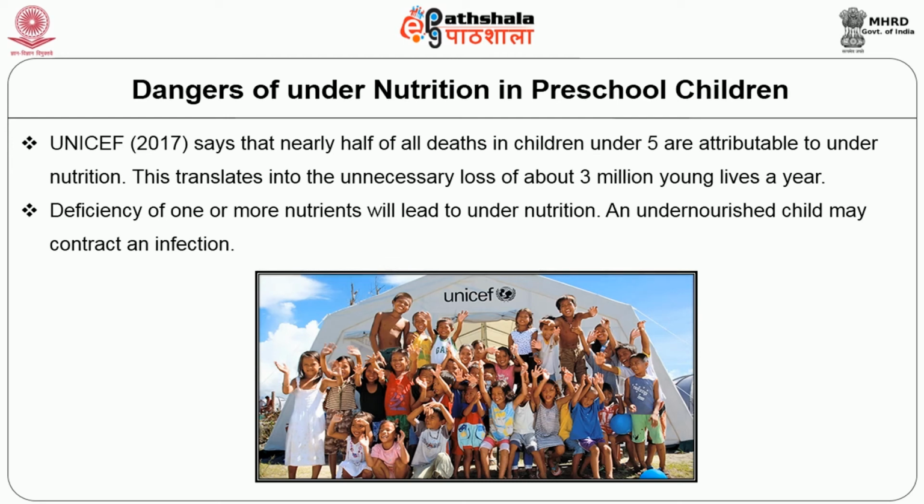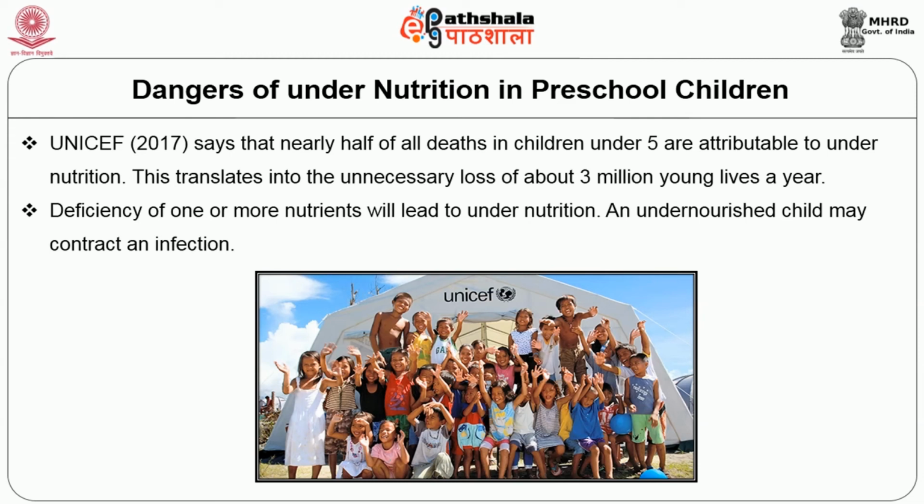This is based on a study in 2017, and this translates into the unnecessary loss of about 3 million young lives a year. Deficiency of one or more nutrients will lead to undernutrition.